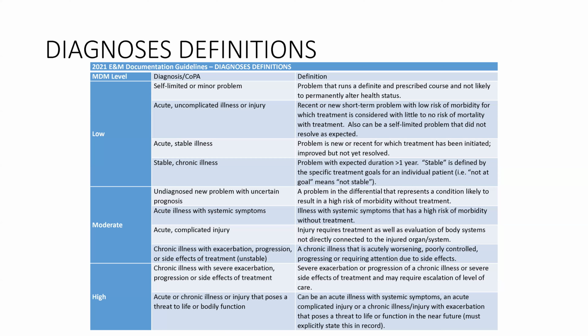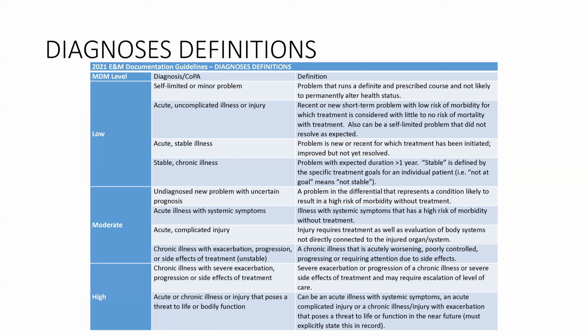It seems like acute, stable to me. But you could also see where, if you went down the back pain and it was a self-limited problem that didn't resolve as expected, I really think you would have to trump up how you call an acute uncomplicated illness or injury.